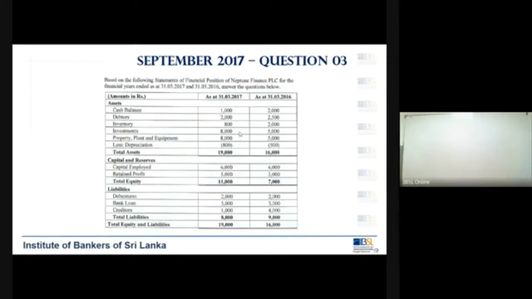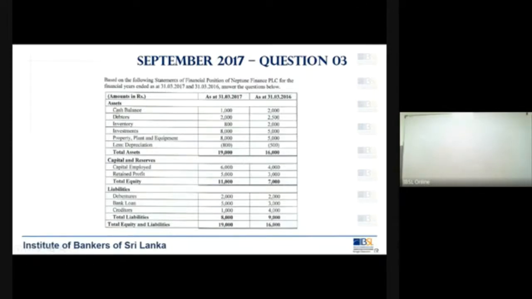So, first thing what you have to do is, just in your books, you need to look at the cash flows of all these elements, whether it is inflow or outflow. So, on the side of this, or if you are thinking that you have a question paper, let's assume that you have this question paper.